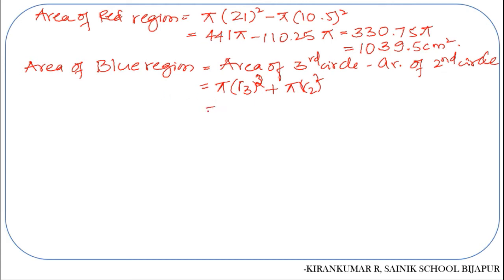So let's substitute: pi times 31.5 whole square minus pi times 21 whole square.